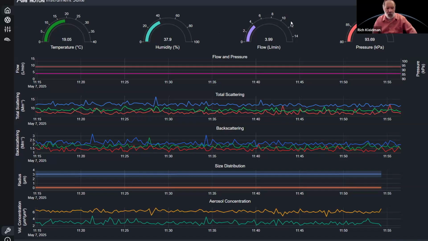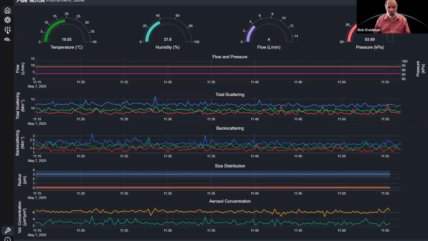Yeah. Thank you, Fernando. Just to be a little more clear, one of the things we developed using GRASP inversion with machine learning is the capability to take the raw data from the nephelometer and to turn that into a dry mass calculation.